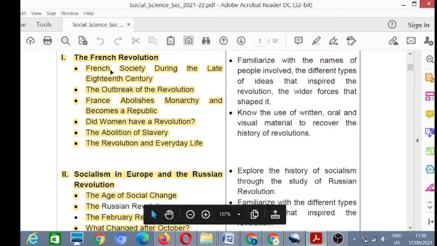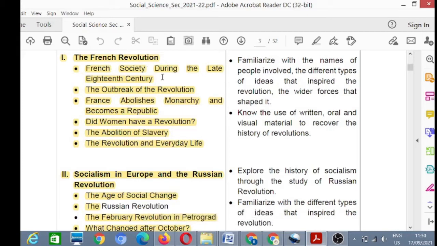Now first topic is French society during the late 18th century. 18th century means 1700 something and late 18th century means around 1770, 1780. Then second topic is the outbreak of revolution.